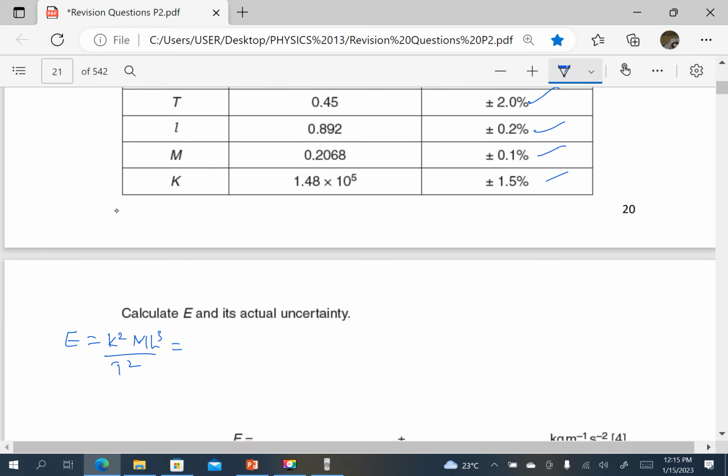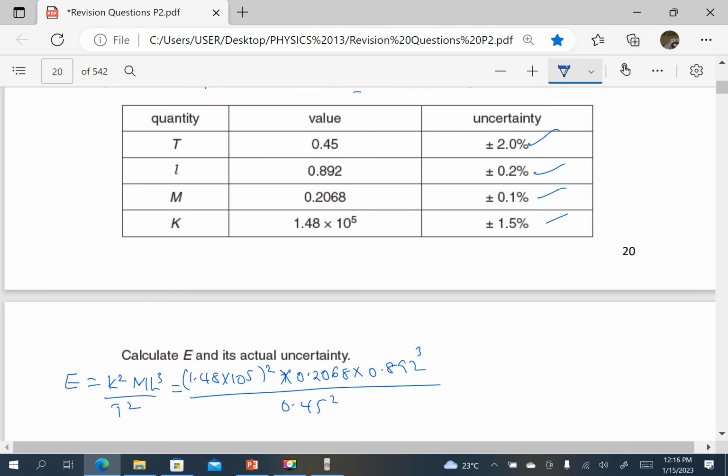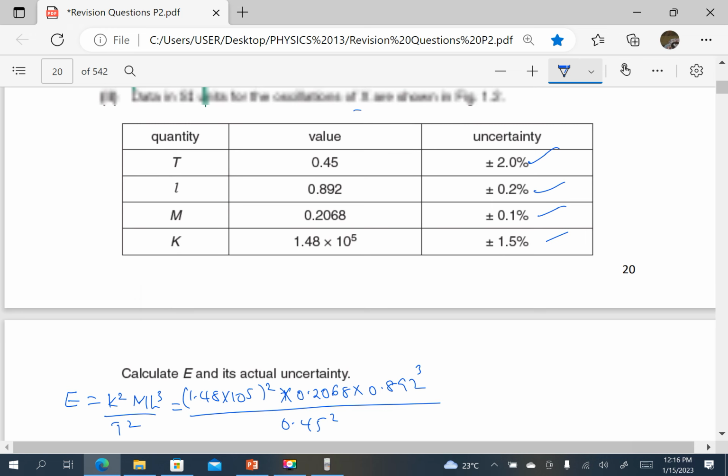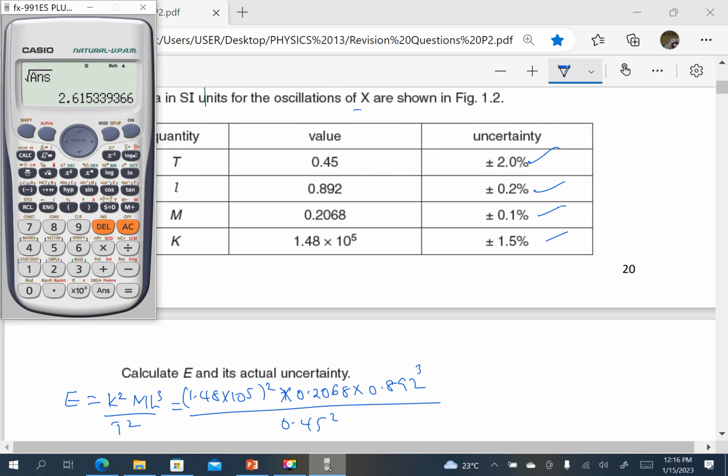So K is 1.48 times 10 power 5, and this is squared, times M, which is 0.2068, times L, which is 0.892, and this is power 3, divided by T, which is 0.45, and this is squared. So I'm now pressing my calculator.